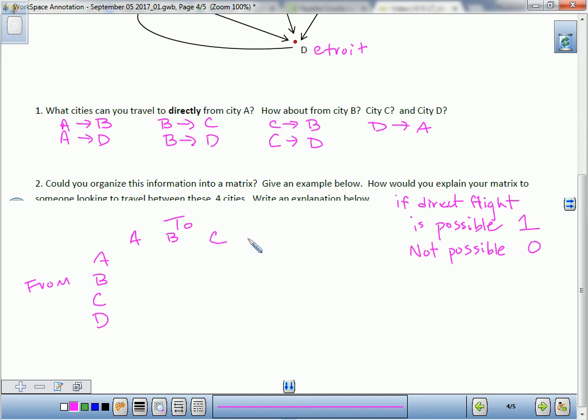What would you do for A to A? Is it possible to go from A to A? You're already in the city. Exactly. Is it possible to get on an airplane, get up in the air, and have to turn around and go back? Yes, but not according to our diagram. It's not practical.